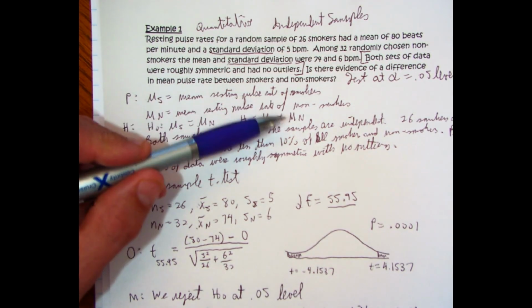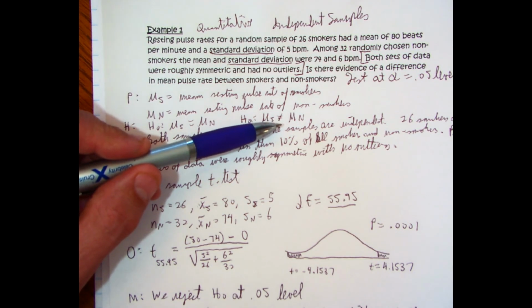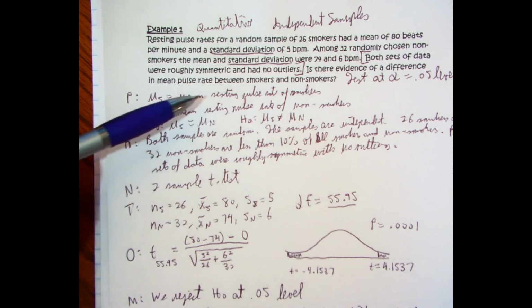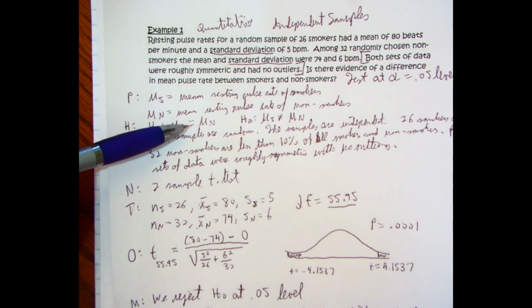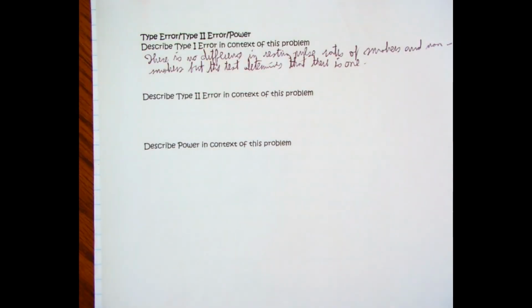So what would type 2 error be? Type 2 error would be the alternative is true. There is a difference, but the test fails to detect it. So that's type 2 error.